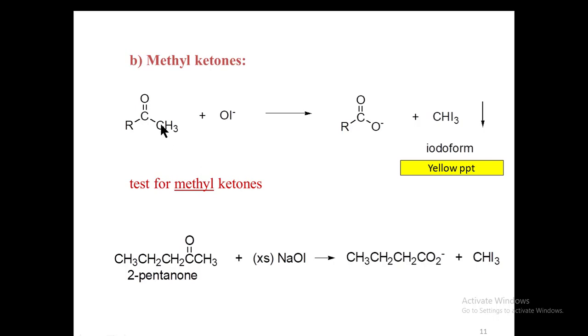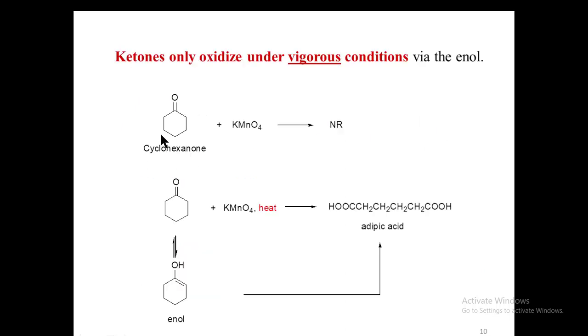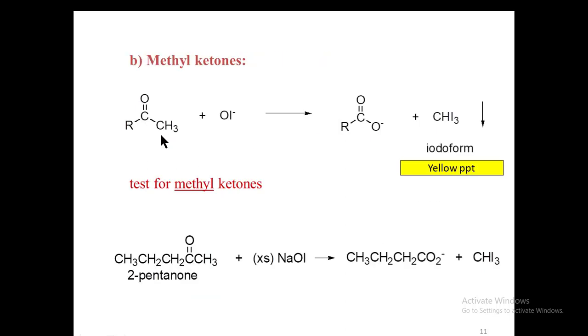The oxygen contains a negative charge here, and this is actually the iodoform test. Yellow precipitate of CHI3 will indicate the presence of such compounds. So this is another type of test which is usually shown by ketones. This is actually the test for methyl ketone.